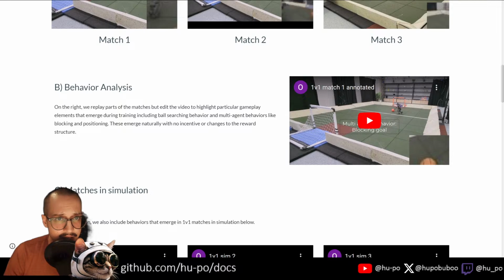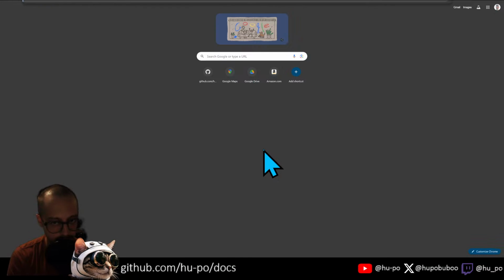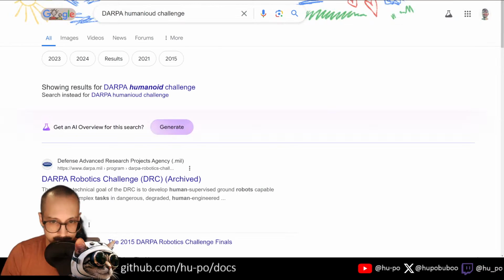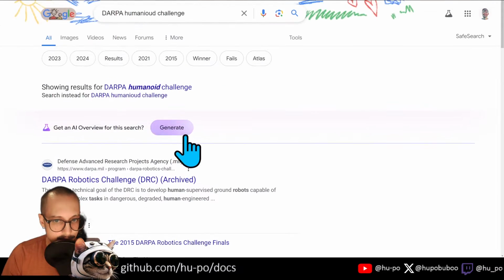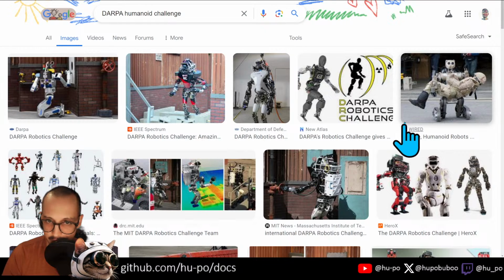They also have these little bumpers on them, the front of the robot and the back of the robot, they have these little rubber bumpers so that whenever they fall, they don't break down, right? A lot of the humanoid robots have that problem. We saw in the DARPA robotics challenge, which is quite dated at this point, there were famous compilations that people made where it was basically all the humanoids just falling.